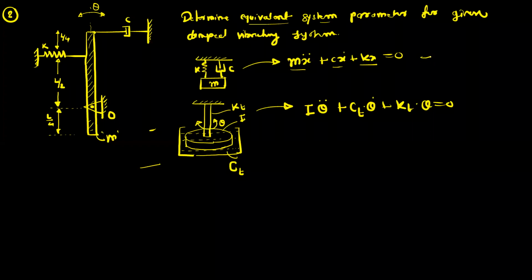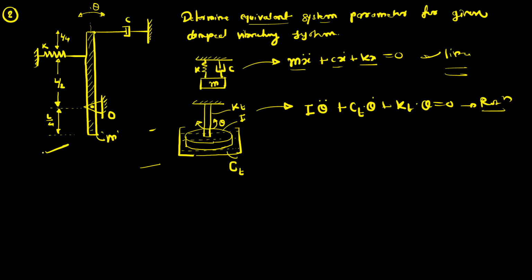So this is for the linear system, and this is for the rotational system. This is just for a simple spring mass and damper system for linear and the rotational system.